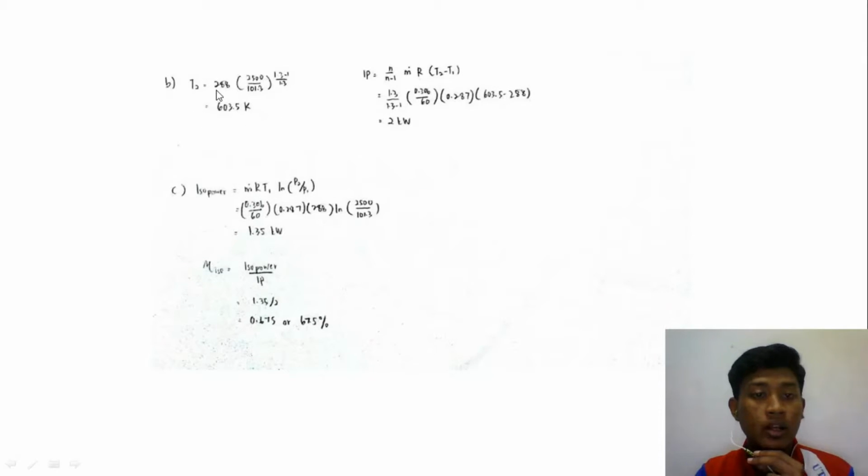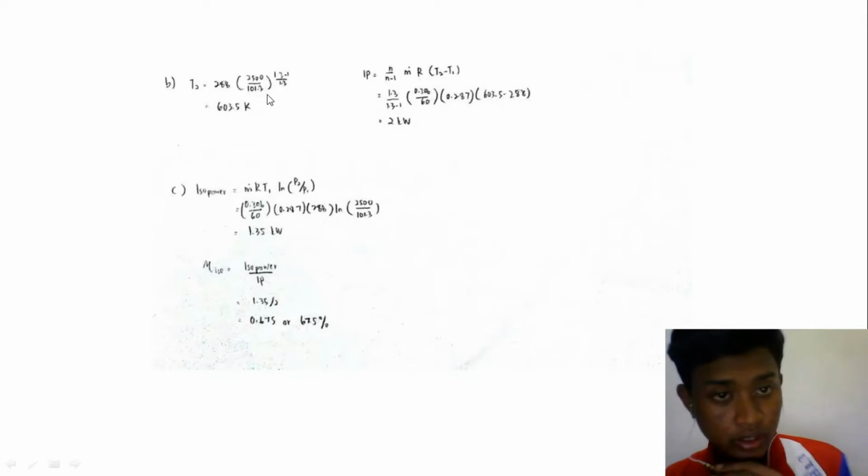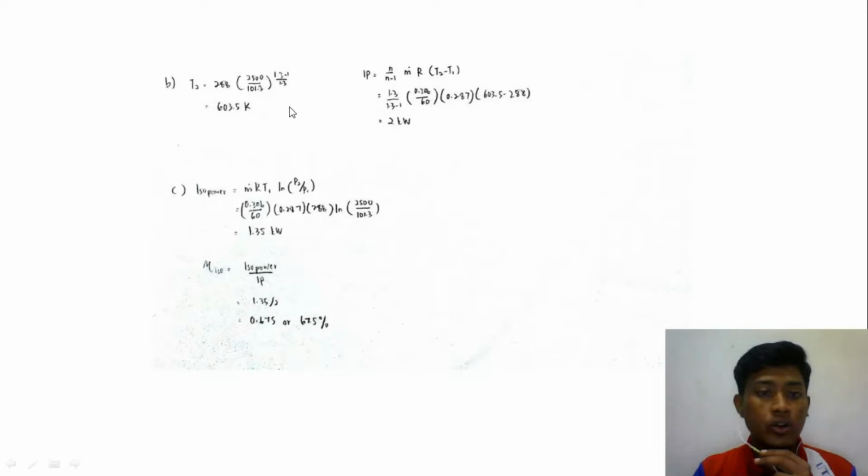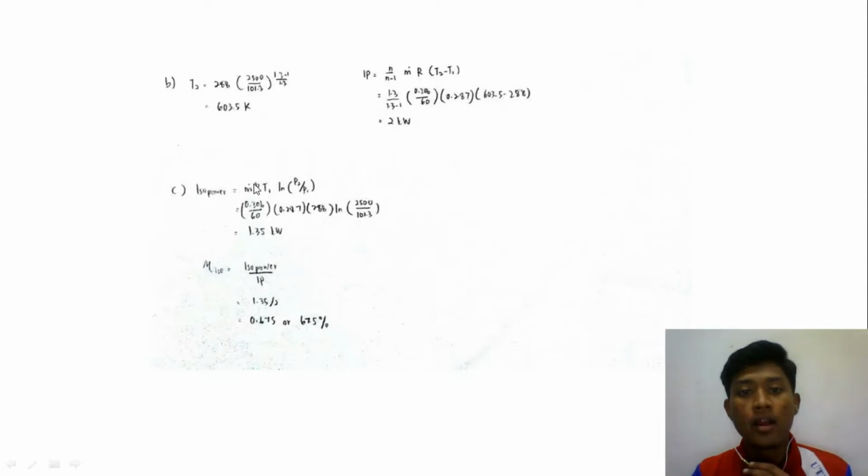T1 is 288 Kelvin, P2 is 2500, P1 is 101.3, and the index value is 1.3. Using the formula, we get the T2 value, which is 603.5 Kelvin. From there, we can calculate the indicated power.